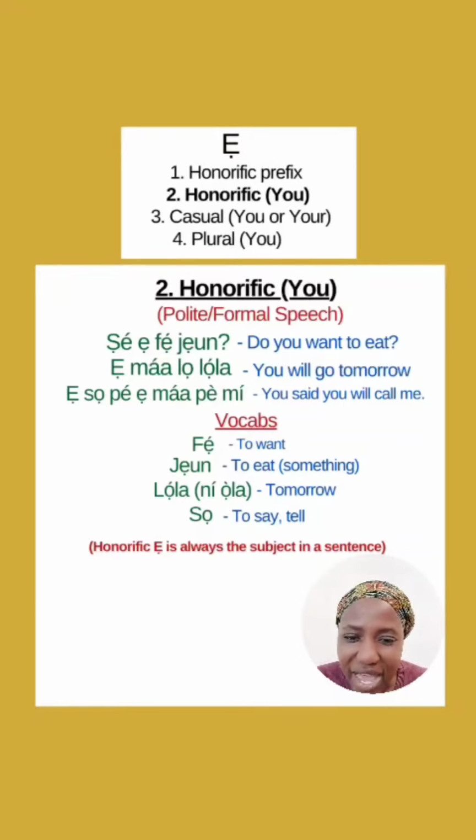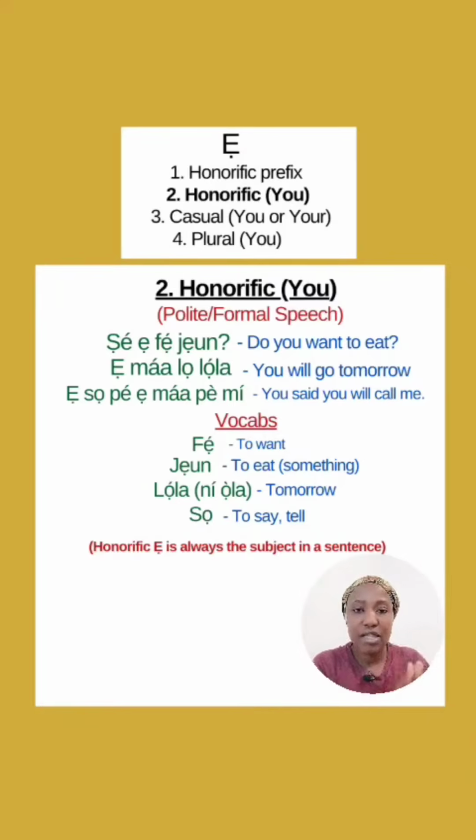Okay, why does ní turn into lí for lọ́la? So that is the rule. I'm going to cover this as well in a future lesson. Don't worry. But take note that whenever ní comes before a vowel at the beginning of another word, it turns to lí and it contracts.